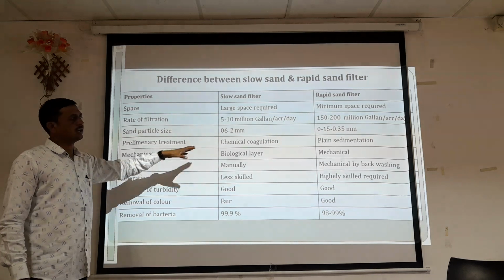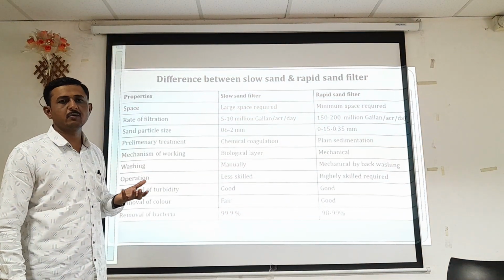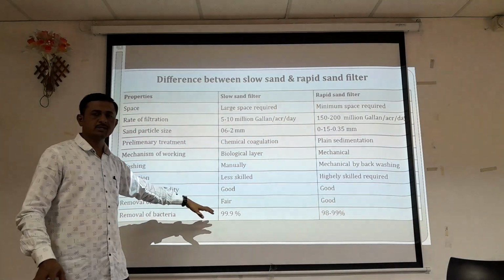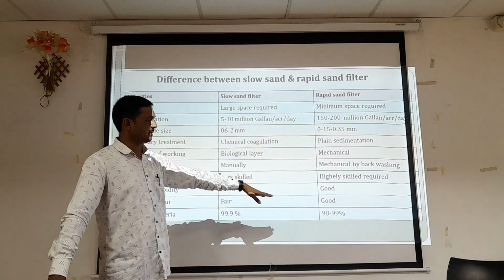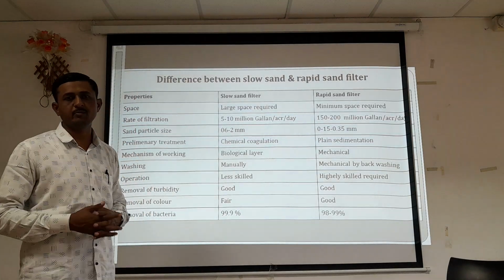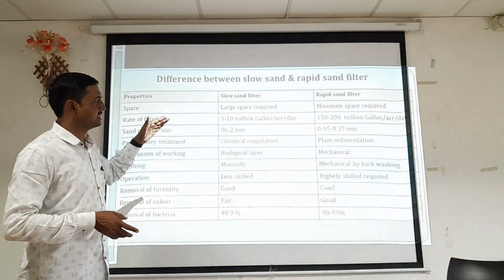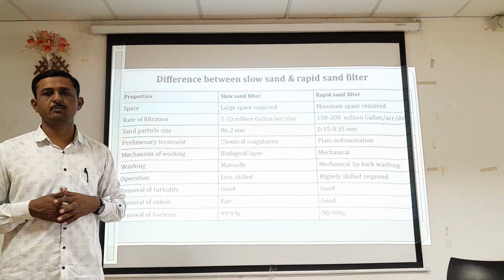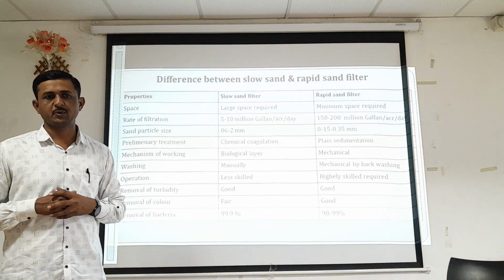Removal of color is fair, and the filtered water is good in quality. Removal of bacteria: the slow sand filter removes about 99.9% of bacteria, and the rapid sand filter removes 98 to 99% of bacteria. So these are the basic differences between the slow sand filter and the rapid sand filter.